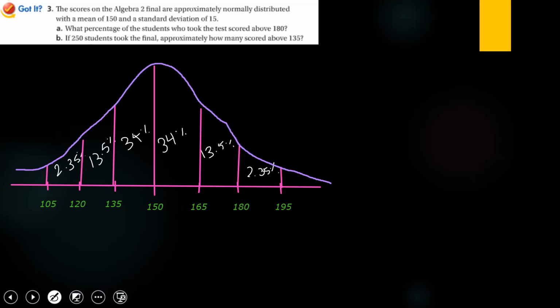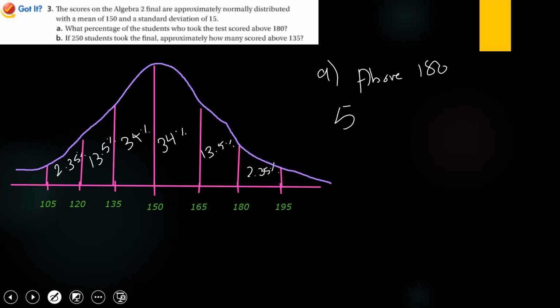Now, what percentage of the students who took the test scored above 180? So let's solve A. I want the percentage above 180. What you have to do? One minus all the numbers below it. Or the shortest way: 50 minus 34 plus 13.5.